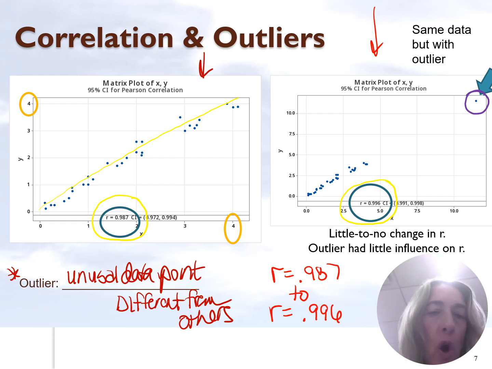Really not a large change in that correlation coefficient. It's actually a small change. So that outlier had little effect on that fairly highly correlated data shown in the graph on the left. Little influence there.